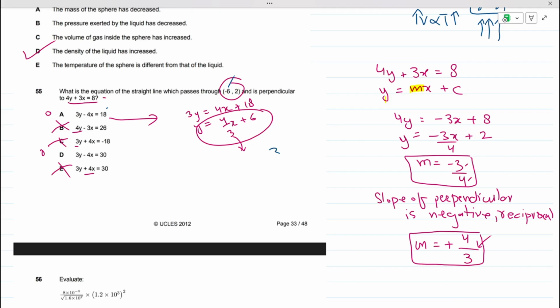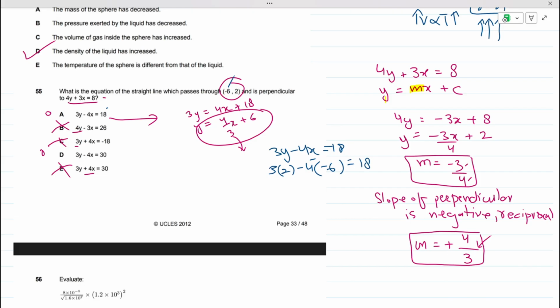Taking this equation first, we have 3y minus 4x equals 18. We have to substitute minus 6 instead of x and 2 instead of y. So 3 times 2, minus 4 times minus 6, it must be equal to 18, right?